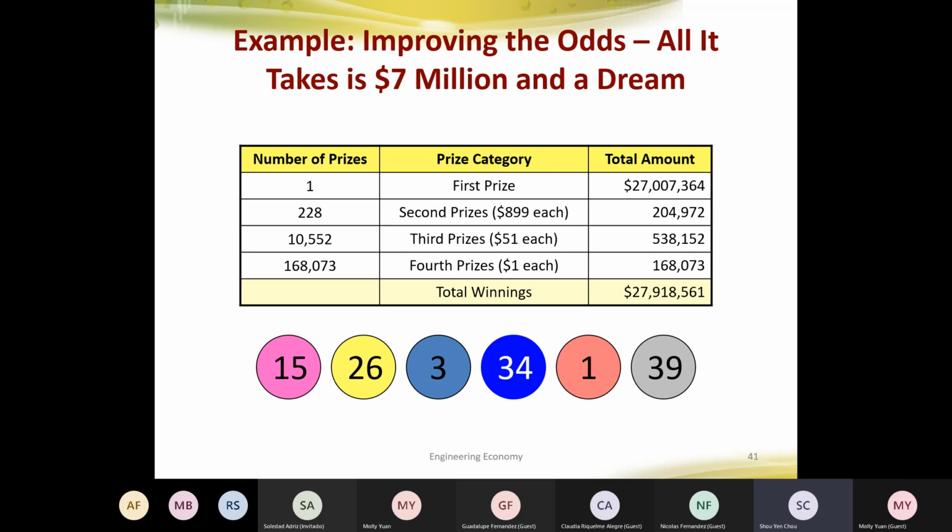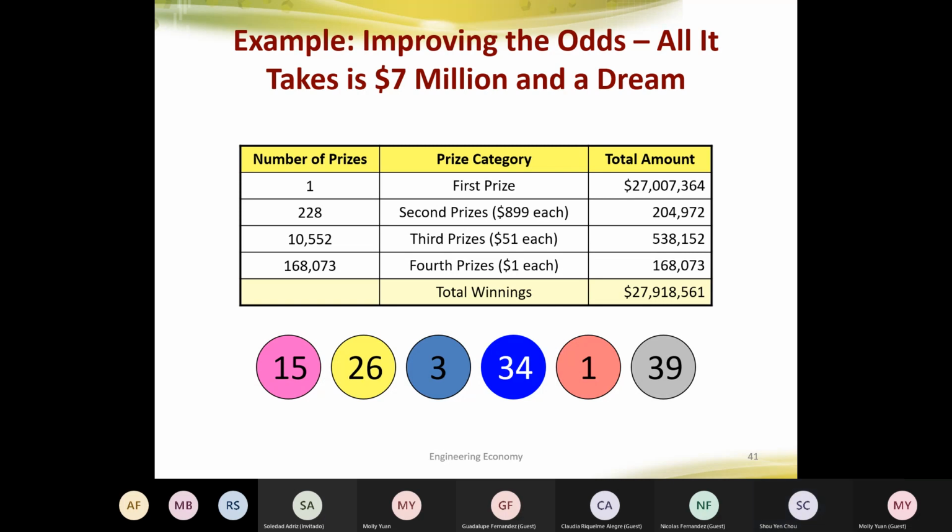People go into a casino always feeling that they may win. And when they see the prize, for example here, out of 44 numbers they draw, if you can match all 6 numbers, you get 27 million US dollars.